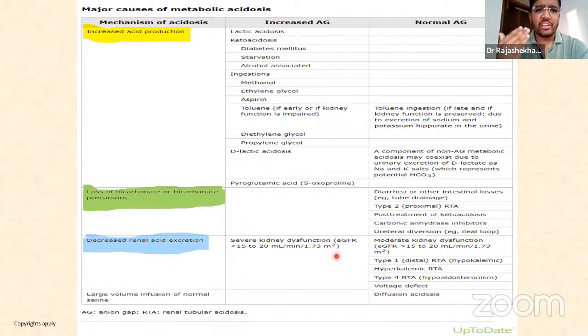Whereas in severe kidney failure, when the glomerular filtration rate decreases profoundly, it usually manifests as increased anion gap metabolic acidosis. So if the examiner specifically mentions the word early, you can go for normal anion gap metabolic acidosis. If the examiner uses only kidney failure or severe kidney failure, it is increased anion gap metabolic acidosis for sure.